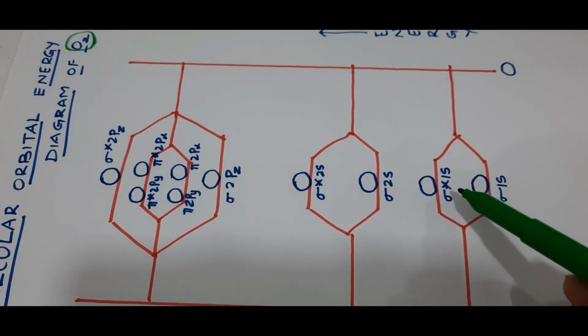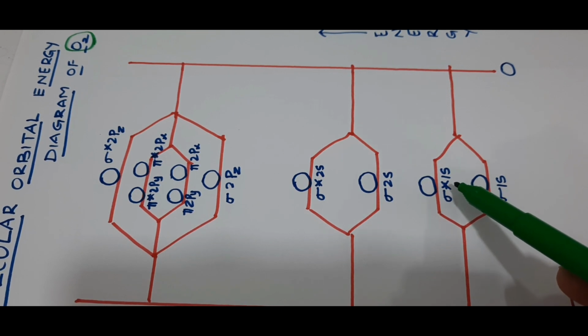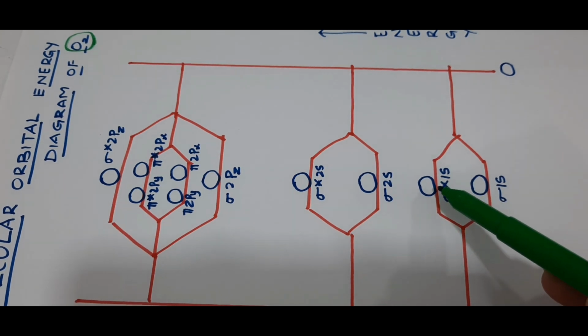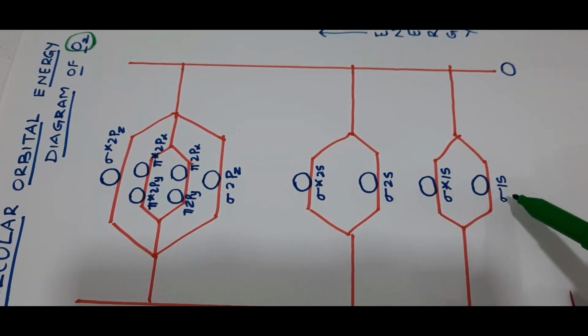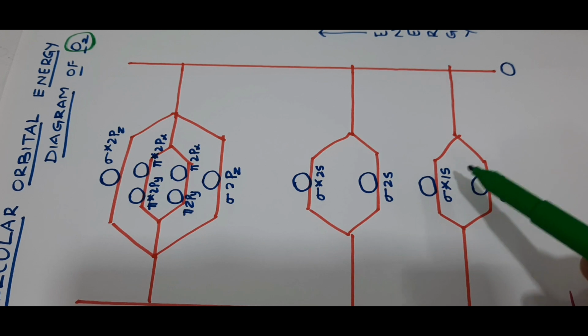The orbitals which have the star mark can be considered anti-bonding. The molecular orbitals with a star mark represent anti-bonding, and they have more energy than the bonding ones. Among sigma 1s and sigma star 1s, sigma 1s has less energy and sigma star 1s has more energy.